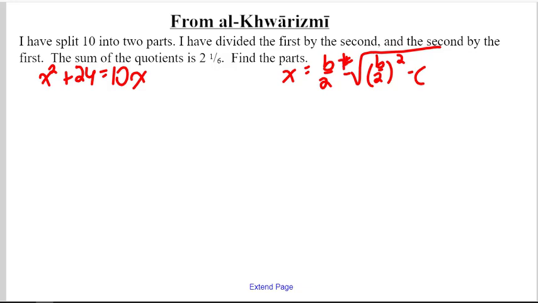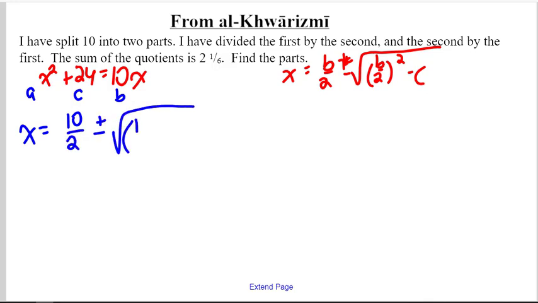This gives us the plus or minus, so let's plug in our values. a, b, and c are still our same things. x is still the b value, so make sure you're always paying attention to that. So x will equal 10 over 2 plus or minus the square root of 10 over 2 squared minus 24.